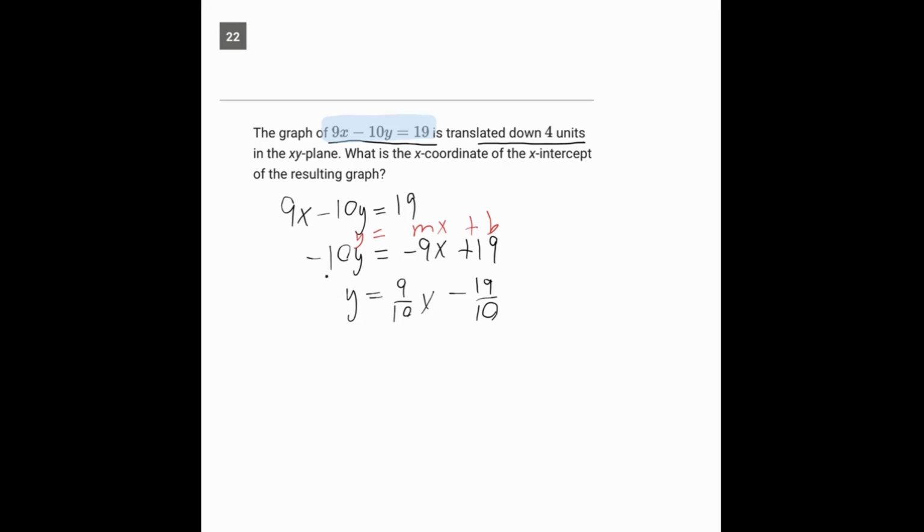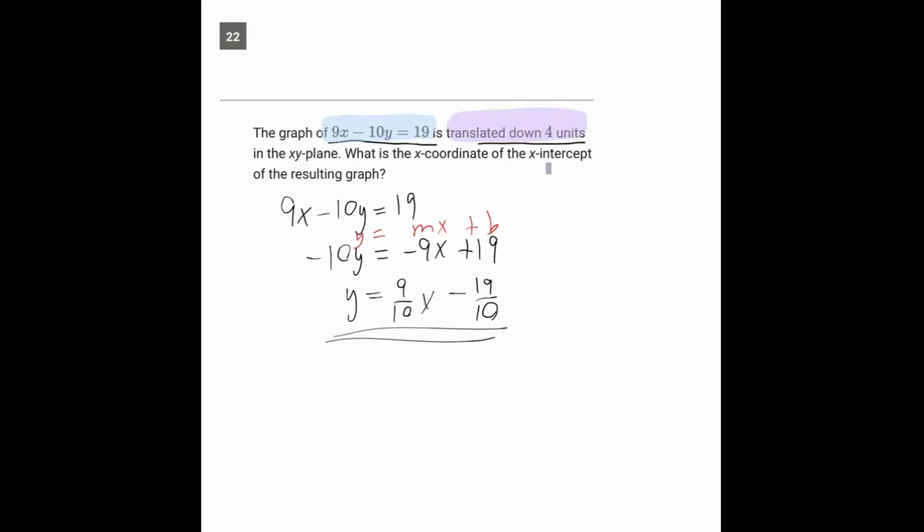That's because when we multiply or divide by a negative, the same sign, so negative 9 over negative 10, gives you positive, and opposite signs, 19 over negative 10, gives you a negative. So now we have the equation of this line. It starts at almost negative 2, and then from there it'll go up 9 and over 10 on a graph. And we're seeing that this is all being translated down 4 units.